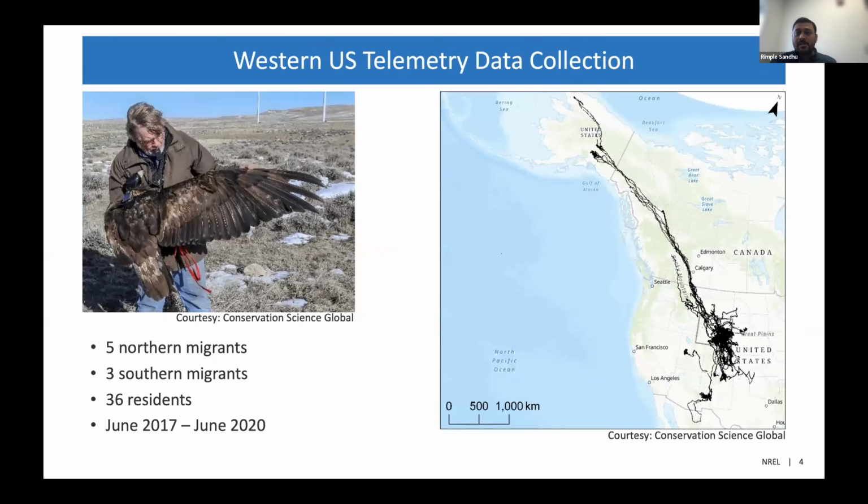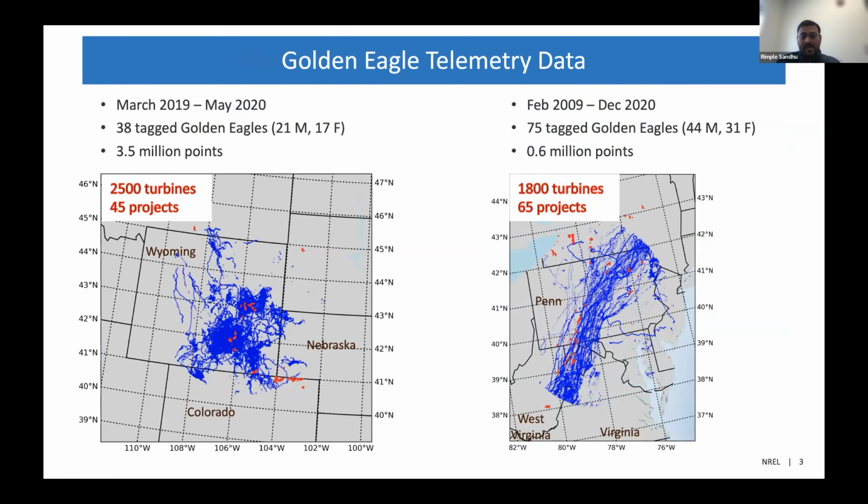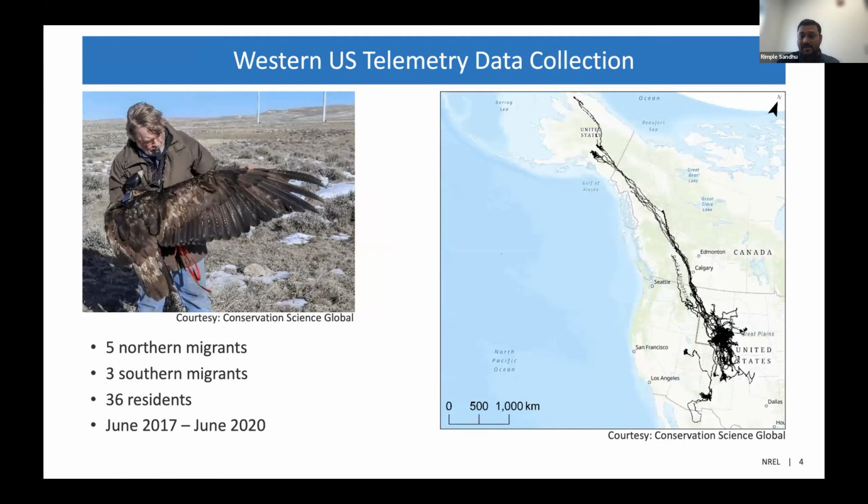So a little bit about the data collection. What I showed in the previous slide is a subset of the data that I'm showing here, because we wanted to focus on a smaller region so that the terrain aspects and the climate remain the same in that region.